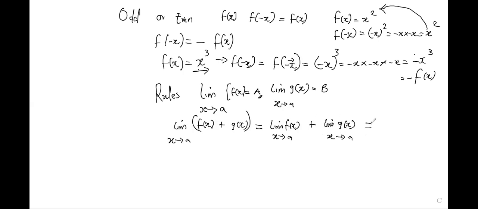Now, remember, if you do them, you get A. So here you're going to get A plus B. This is a rule in limits. If I take the limit of individual functions and add them, it's the same thing as adding the functions first before taking the limit.